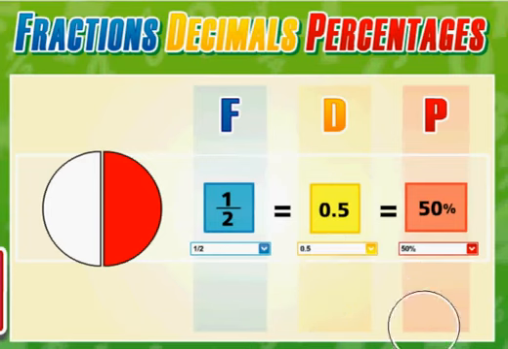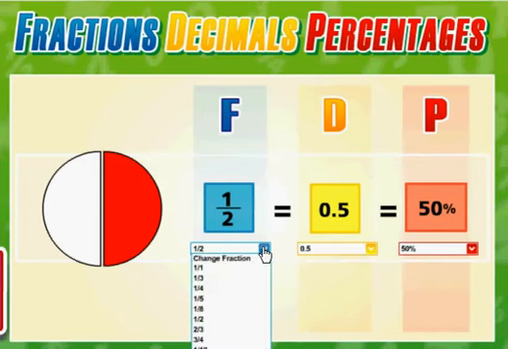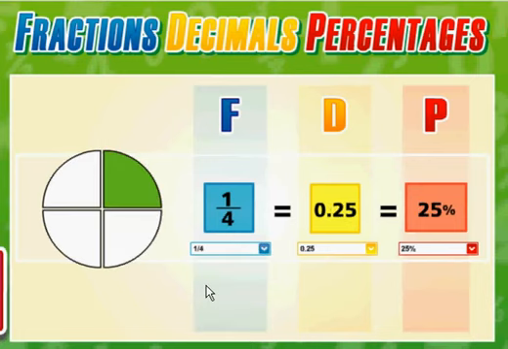To look at another example, we'll change our fraction to say 1/4. Now we already have the conversions put out in front of us here, but 1/4 converted into a decimal is done this way. 1.0 divided by 4.